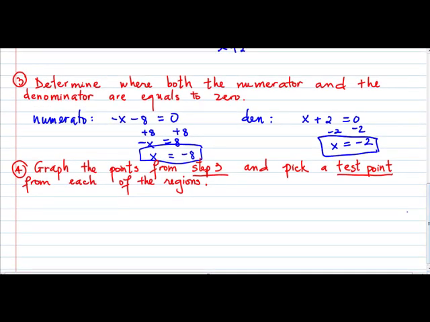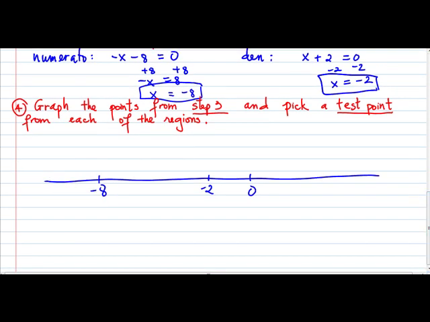Step 4: we plot the points from step 3. Somewhere around here is minus 8, and somewhere around here is minus 2, approximately. These two values divide our real number line into 3 areas.